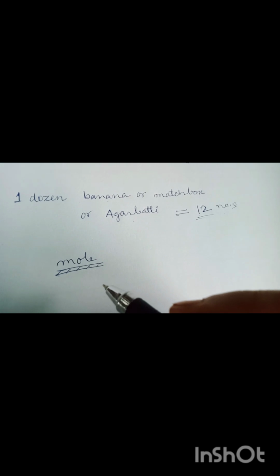The SI unit of the amount of substance present in an object is called 1 mole. Mole, M-O-L-E, mole. So the SI unit of amount of substance is mole. Now, what is a mole? How can we define a mole?